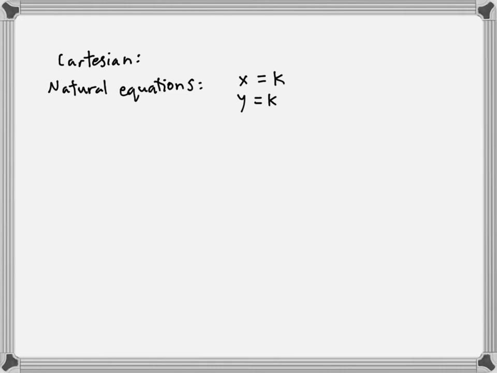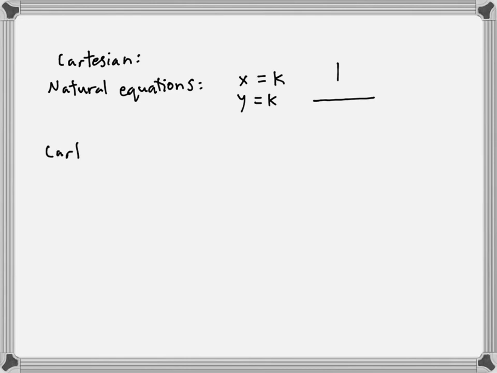So we know that when you let x equal a constant, you get a vertical line, right? And when you let y equal a constant, you get a horizontal line. So these are the natural equations, and so what this means is that Cartesian coordinates are good when you have vertical or horizontal lines because they lead to simple equations, right?